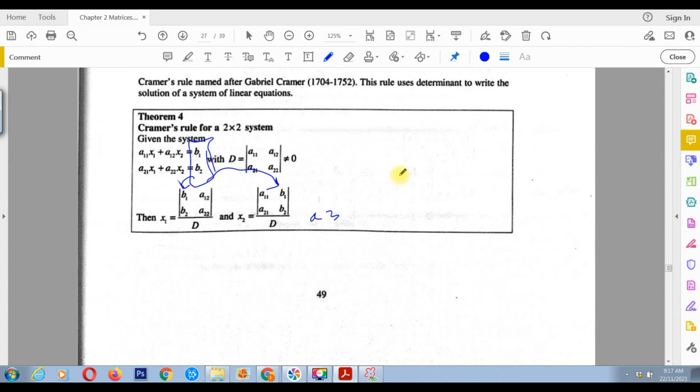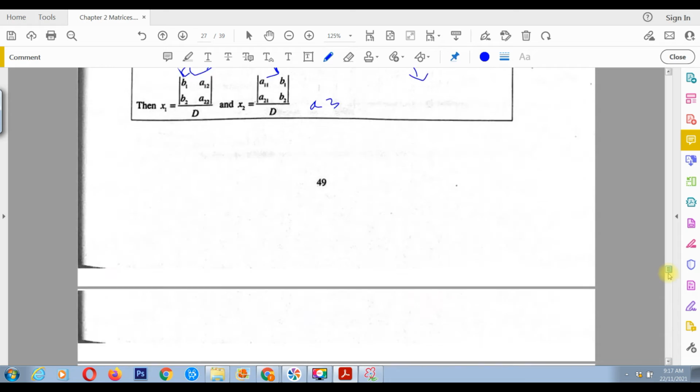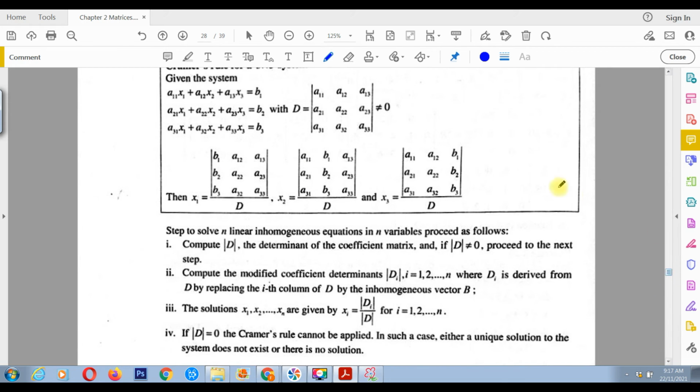If we have x3, it is at the third column. Here is an example with 3 variables. B1 is the first column for x1, and then the second column for the answer, plugged into this matrix, and then B answer here for x3.